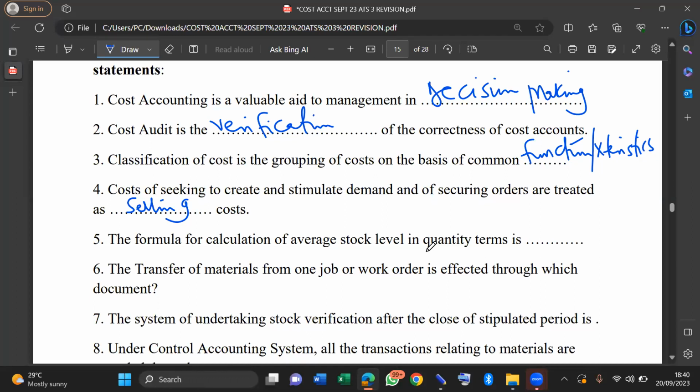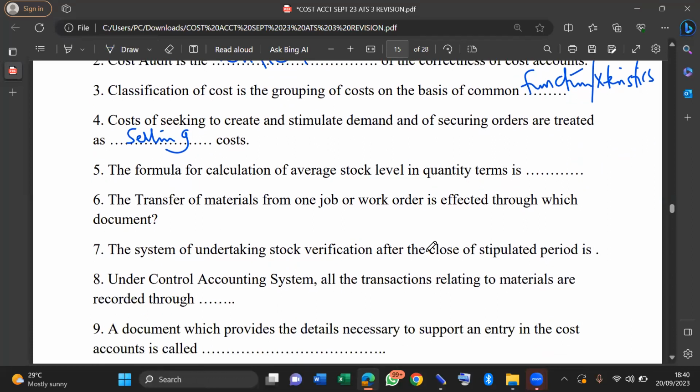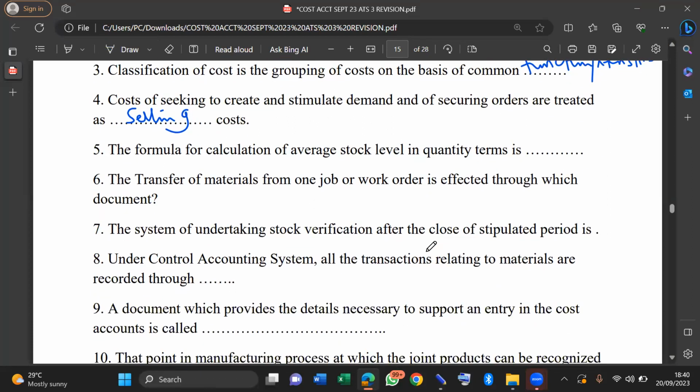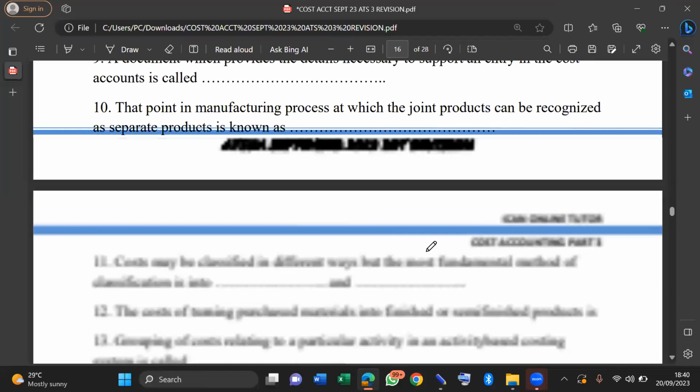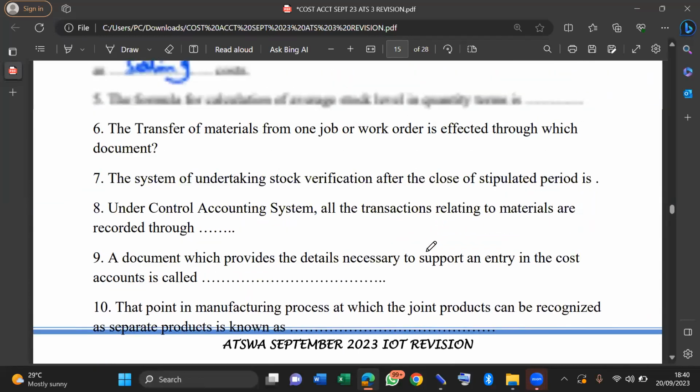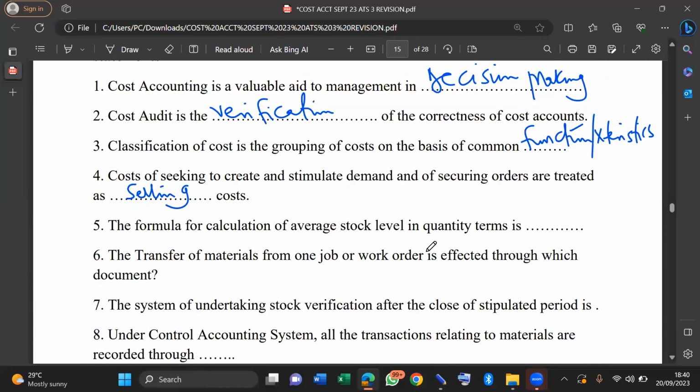Okay, sir. If that is clear, let's go to the next one. The formula for calculation of the average stock level in quantity terms is dash. What is the formula for calculating our average? Maximum stock level plus minimum stock level divided by what? 2.